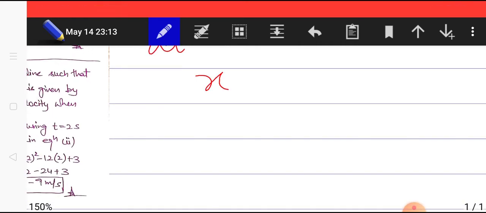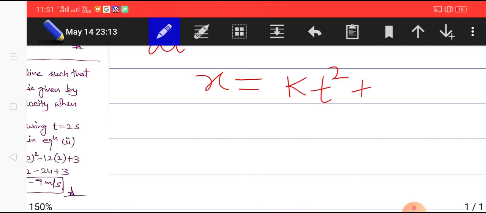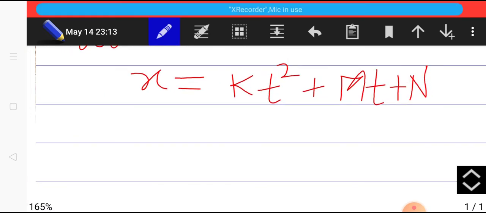Suppose you are given x as k t square plus m, where k and m are constants, or you can say kt square plus mt plus n, where k, m, n are constants.